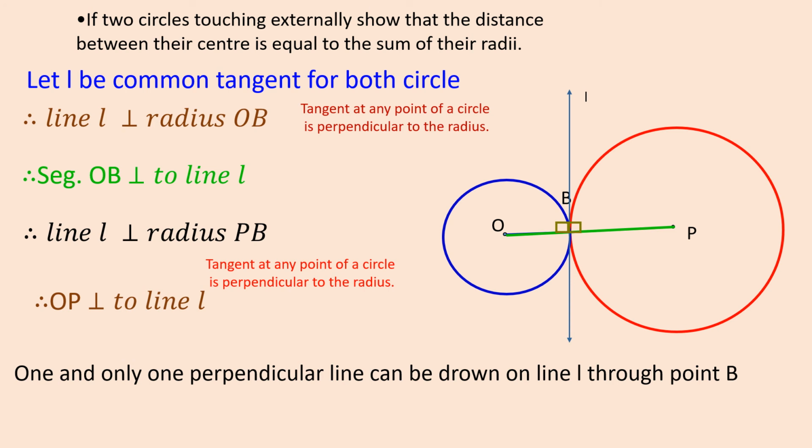And this OP is made from OB and PB. And what is OB? OB is the radius of the smaller circle and PB is the radius of the bigger circle. So can we say that the distance between the centers of two externally touching circles is equal to the sum of their radii? See here.